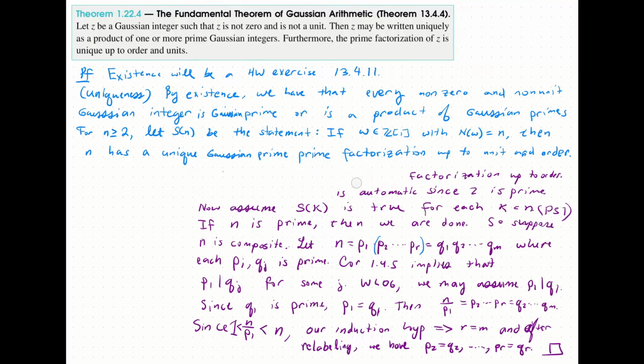And so for us, the base case, of course, is still n equals 2. But we need to look at those Gaussian integers whose norm is exactly 2.